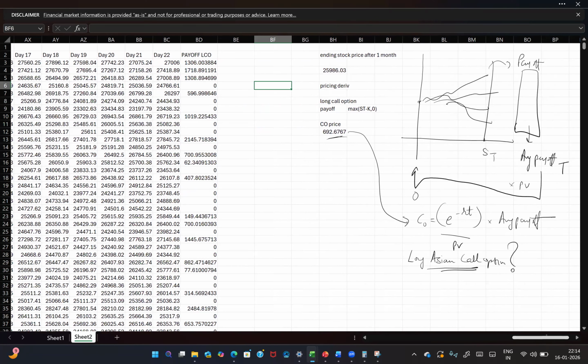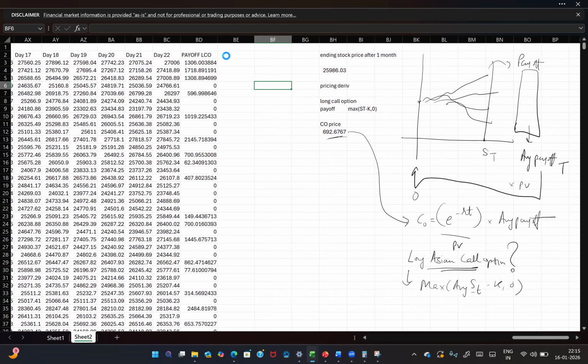If you remember, the last time we were doing the payoff of a long Asian call option. What is the payoff looking like? Max of average of ST, right? Average of the stock prices on all the days minus K, comma 0.